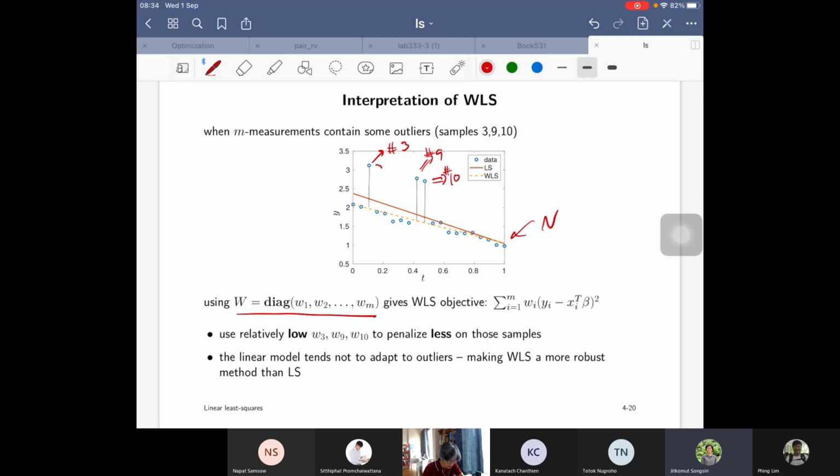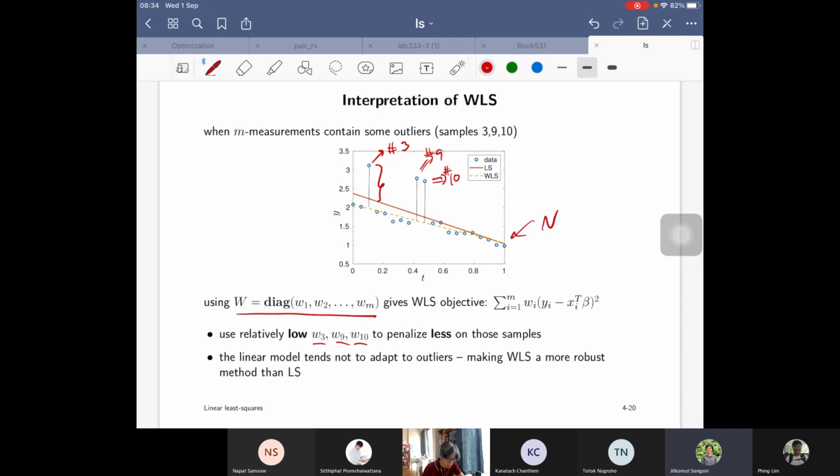So I should not rely on these measurements much. These data points should not be taken into account much when I perform the estimation. So I intend to use less weight on these samples.